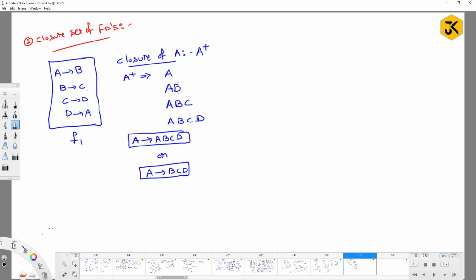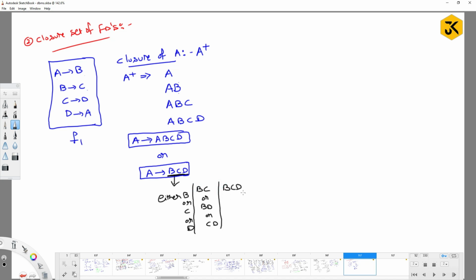It means that A determines either B or C or D, or BC, BD or CD, or the possibility is BCD only, right? These are all the possibilities you may get.